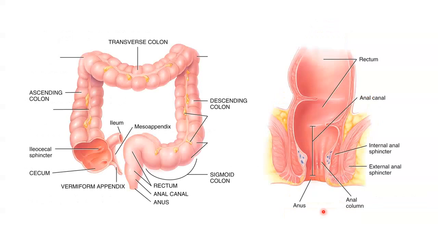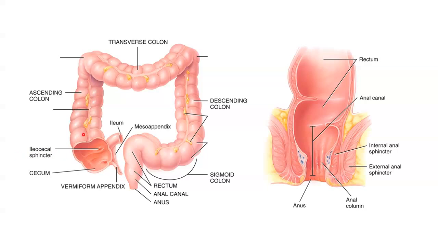So taking a bit of a closer look at those different sections. We have our cecum, which is where the small intestine meets the large intestine, and we have our ileocecal sphincter. This structure here was our appendix.